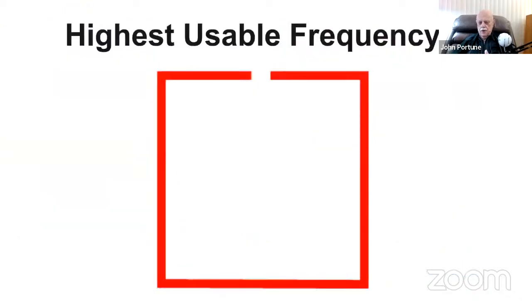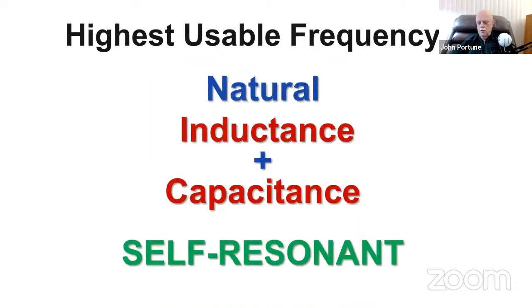Consider this. Here's a simple square loop, what I consider to be the optimum shape. What's its maximum usable frequency? Did you even realize it has a maximum usable frequency? Oh, yes, it does. What is it based on? It's based on self-resonance. Any coil, and of course a mag loop is just a big one-turn coil, has a natural inductance of the conductors.